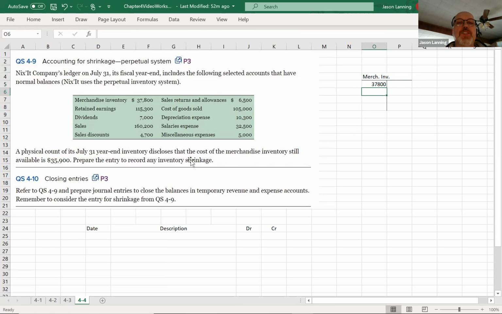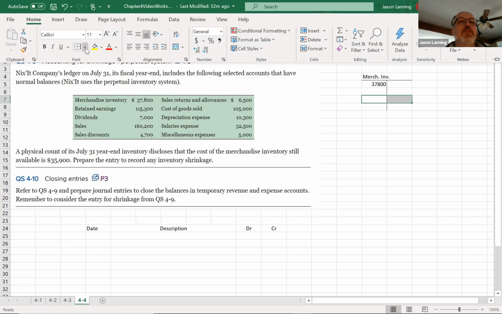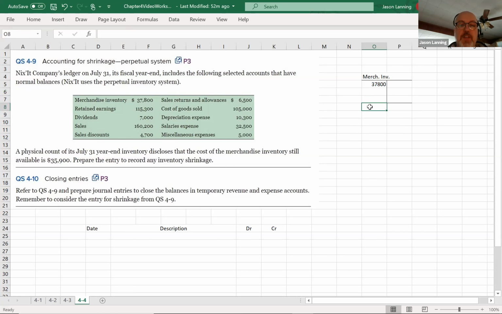Now, it tells us that when we did a physical count, we went in there and counted this stuff. We didn't have that much less, we had a little bit less than that. So we had 35.9. So we've got to think, what do we have to do here to go from this 37.8 to 35.9? Well, merchandise inventory being an asset has a normal balance on the debit.